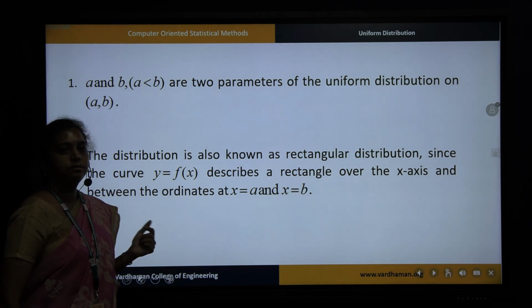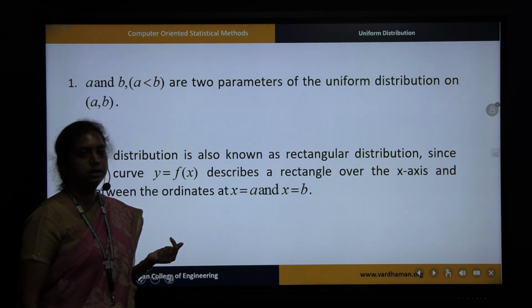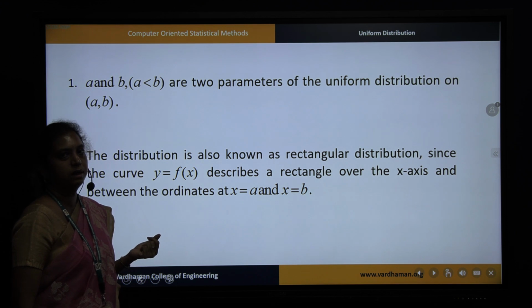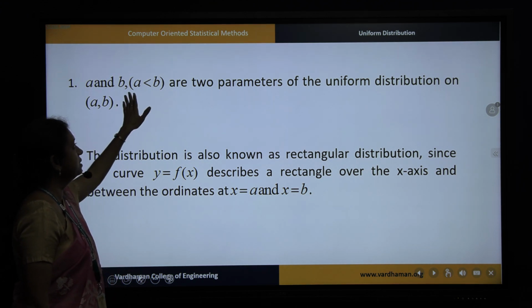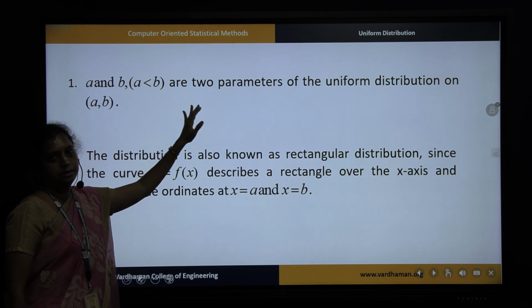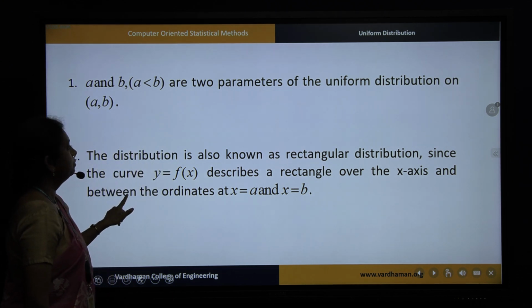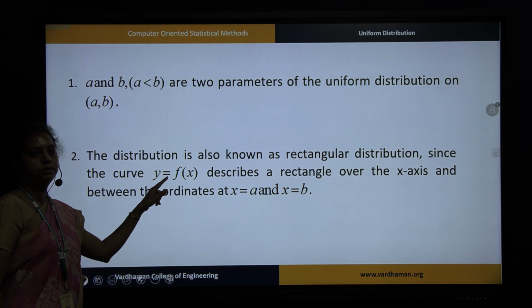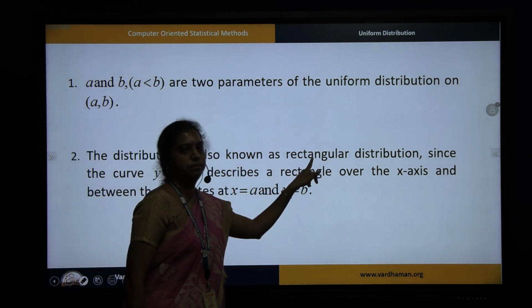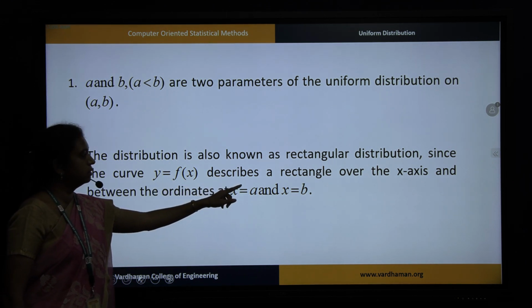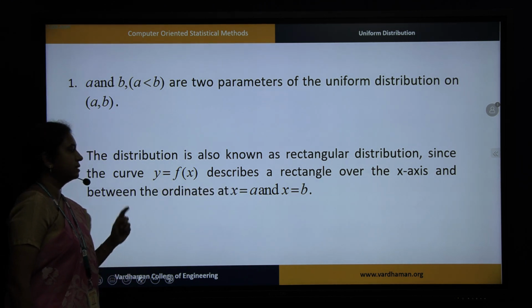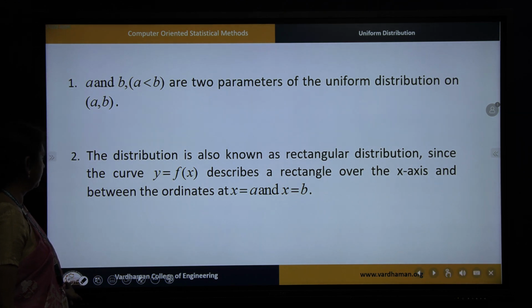After we see that the distribution f of x is given by 1 by (b minus a) in the interval a to b, we have to remember two points here. One is that a and b are the parameters of the uniform distribution. The other is that the distribution is also known as a rectangular distribution, because y equal to f of x describes a rectangle over the x-axis between the interval a and b.